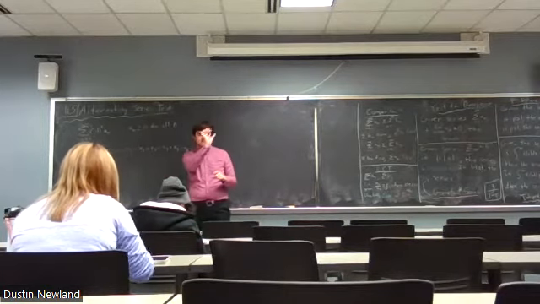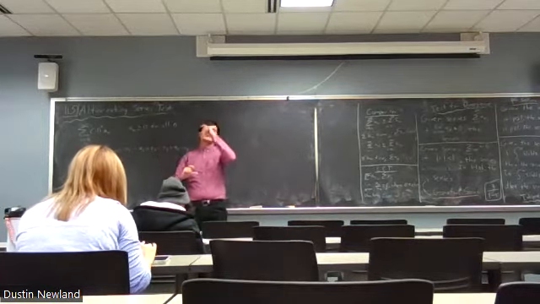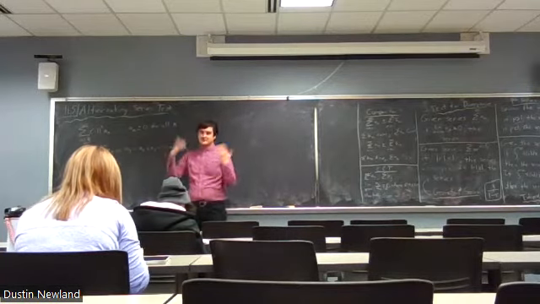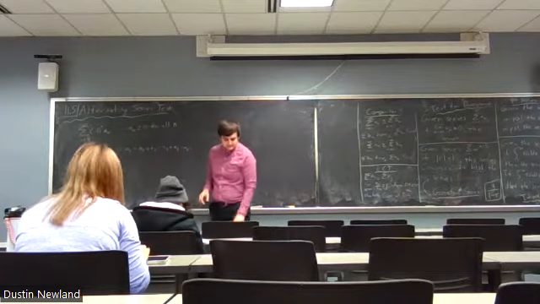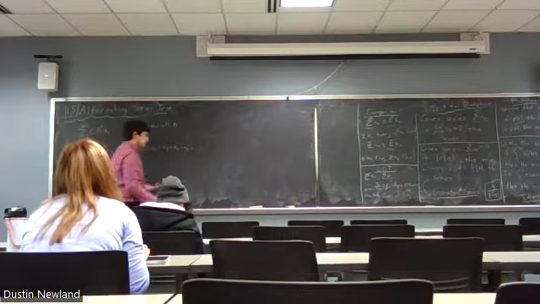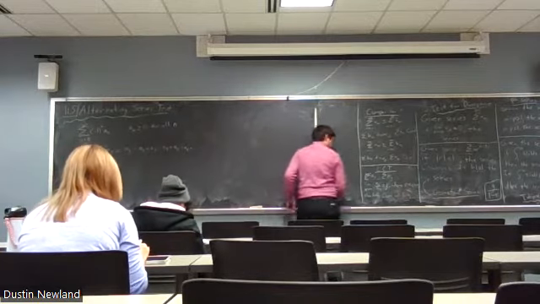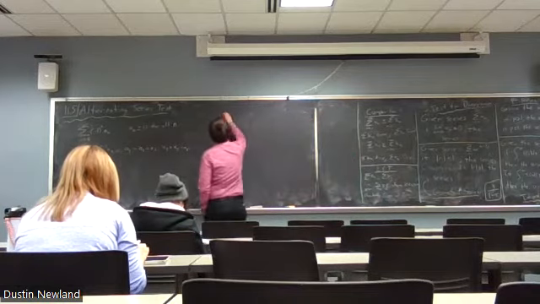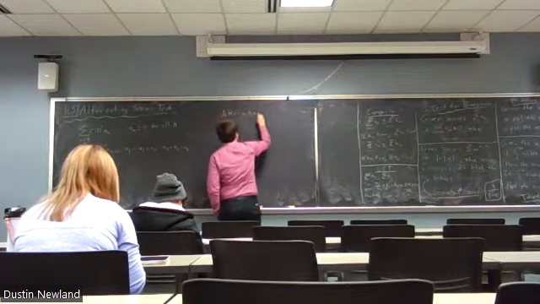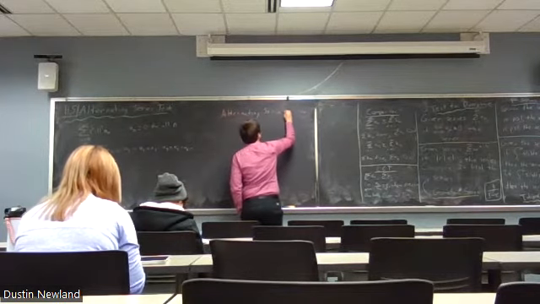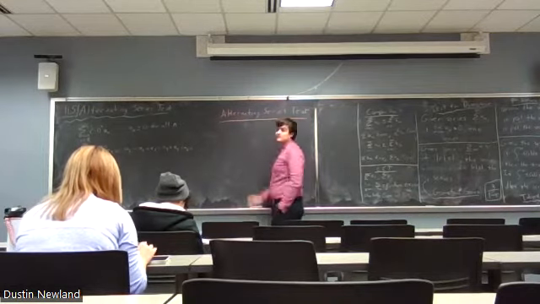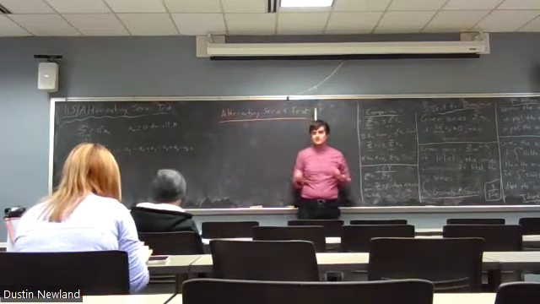So instead of continuously adding positive pieces, you keep subtracting off parts until you get to a point where you're not subtracting much anymore. And that's going to lead us to what's called the alternating series test. Okay, alternating series test. What do we do with this?